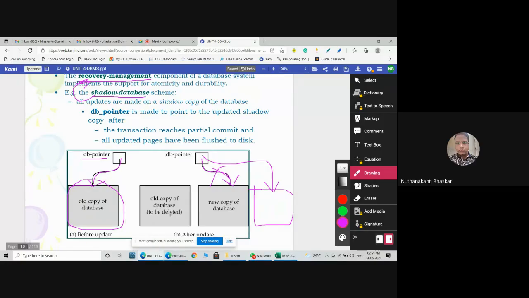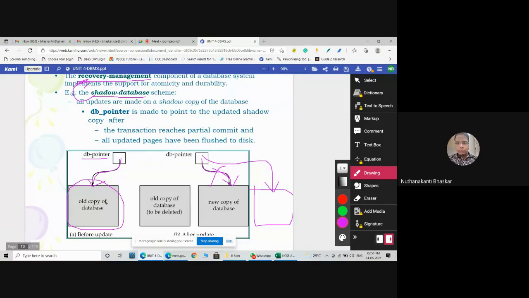Shadow database scheme is nothing but shadow, meaning maintaining the old data sequentially. There is a database pointer that always points to the current data. This is the structure of a shadow database. All of you clear?